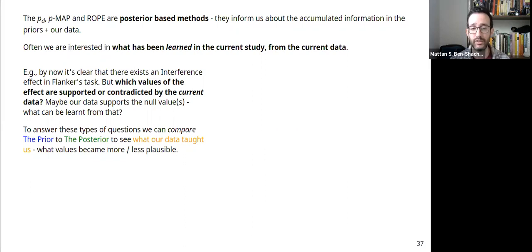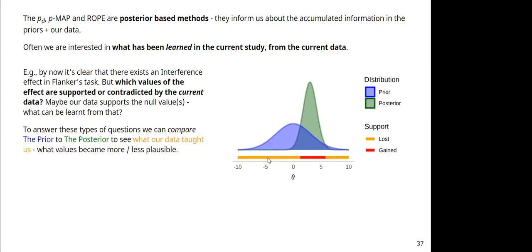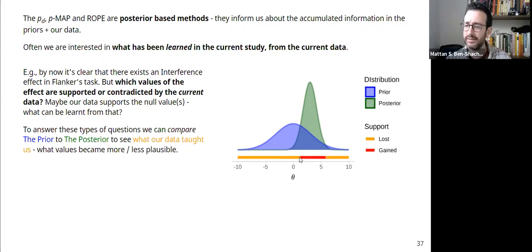So to answer this question, we can compare the prior to the posterior. Any difference between the prior and the posterior is what we learned from our data. And we can see which values became more or less probable in the change between the prior and the posterior. So this would look something like this. If in blue here we have the prior, and the green is the posterior, the areas in orange here are values that our data has indicated are less probable.